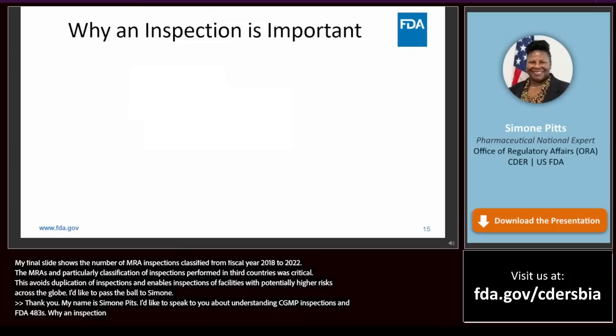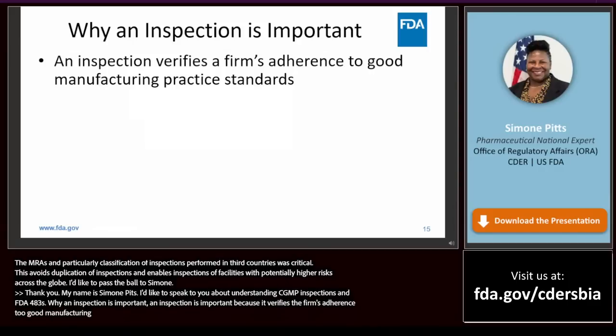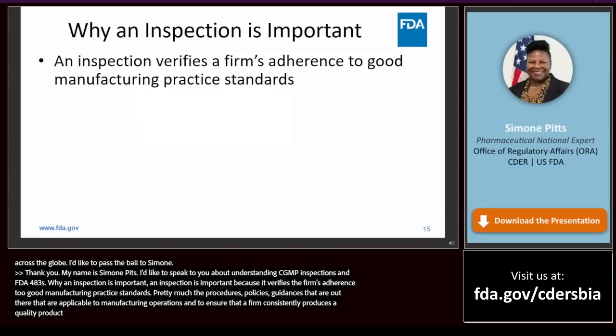An inspection is important because it verifies the firm's adherence to good manufacturing practice standards. Pretty much the procedures, policies, guidances that are out there that are applicable to manufacturing operations, and to ensure that a firm consistently produces a quality product that meets its predetermined specifications.